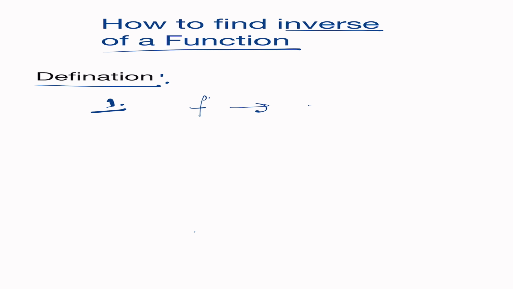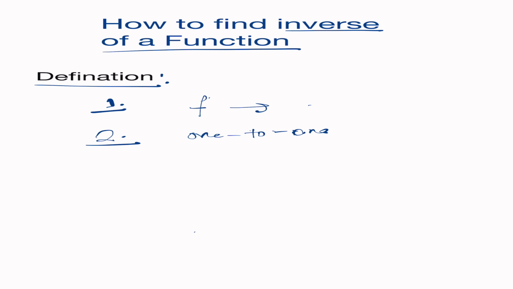And number two, the function must be one to one. What does it mean? It means that no two different inputs produce the same output.